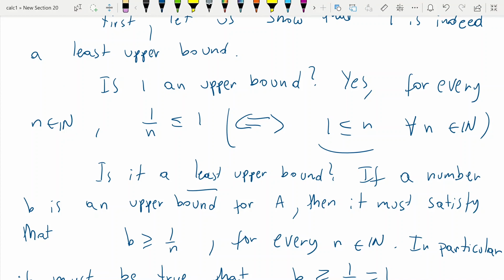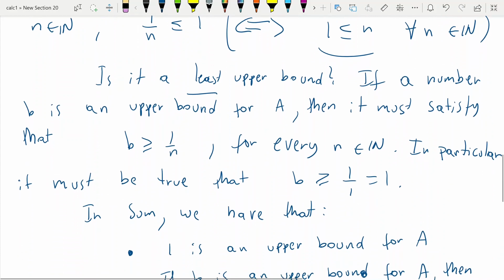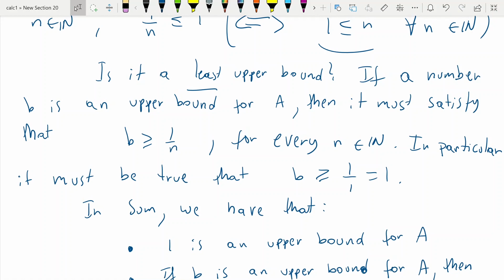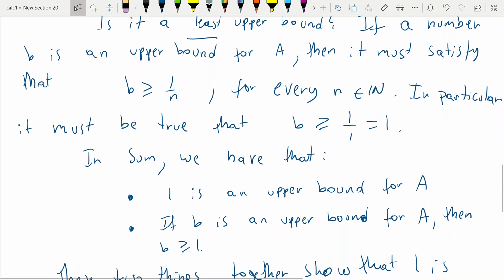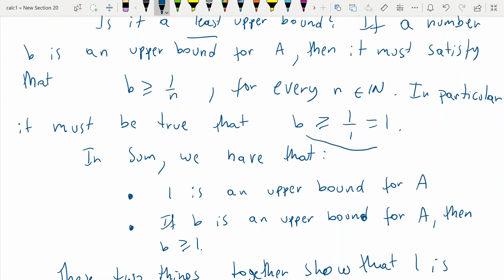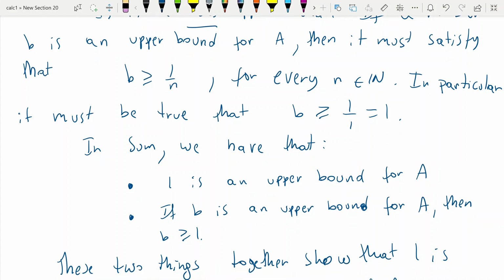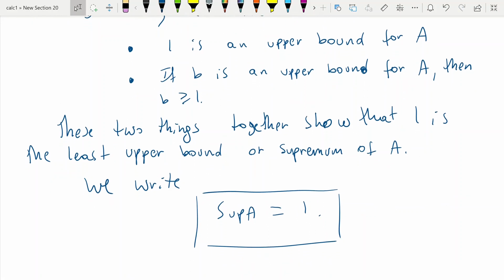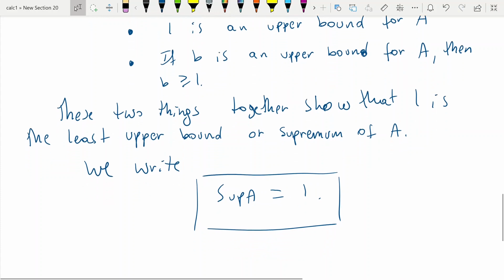So we took any element in the set and we proved that 1 was greater than or equal to each one of the elements in this set. And then we showed that it was the least upper bound, meaning that if we picked any other upper bound, then b had to be greater than or equal to 1, which is what we arrived at in here. And combining these two things together, because of the definition of the least upper bound, we concluded that the supremum of A is in fact equal to 1.